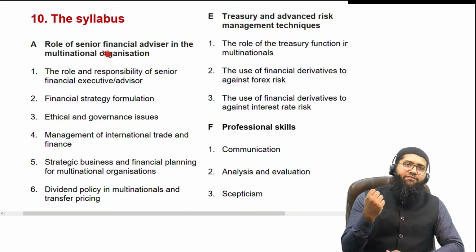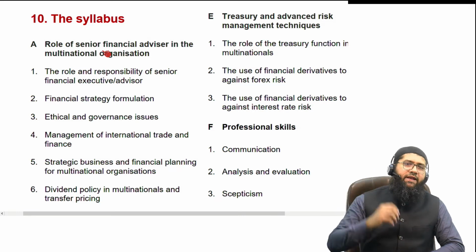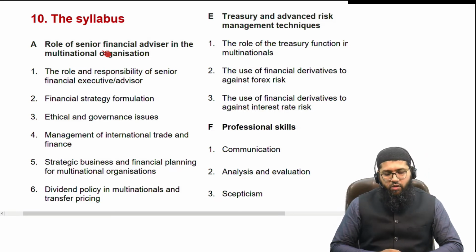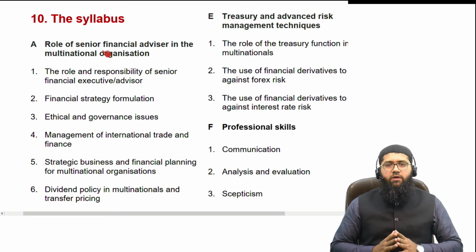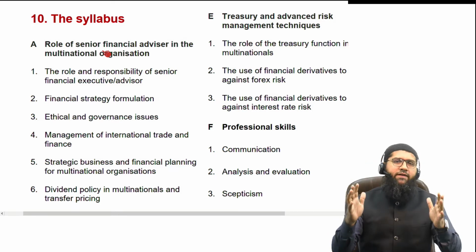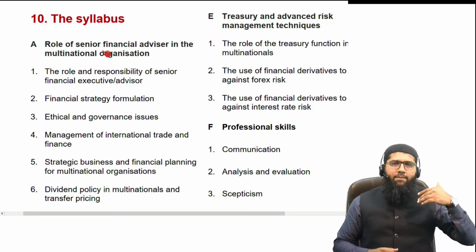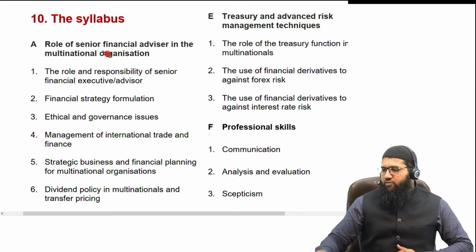When it comes to AFM, you are acting as a senior financial advisor for a business. So you got to understand what type of decisions a senior financial advisor would take. What type of governmental policy would they have to consider? What type of international regulations would they have to consider? You got to consider all of those things.